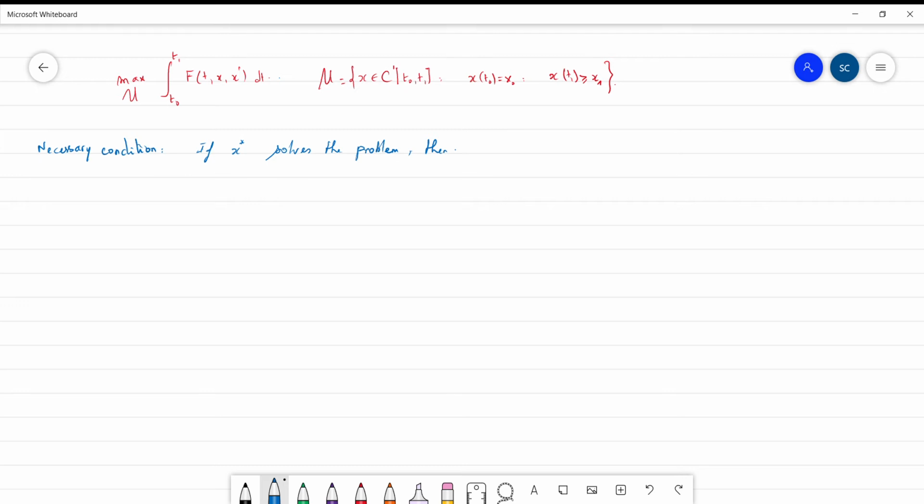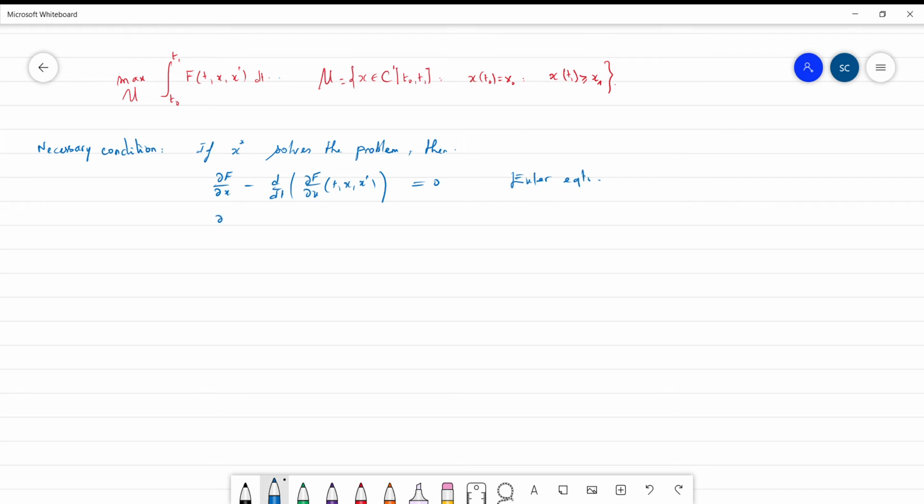So let's write it here. Then we will have Euler equations: df/dx minus d/dt of df/du applied at (t, x, x') equals 0, which is the Euler equation. Necessarily we look for this, and we have another condition that appears.